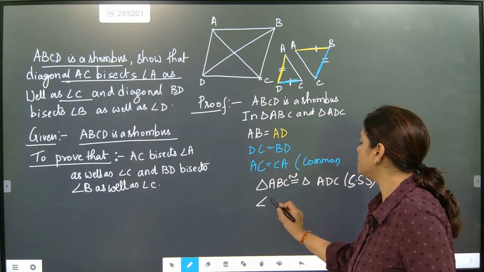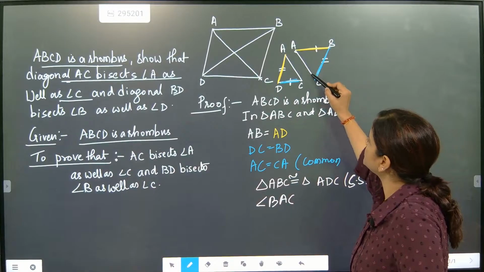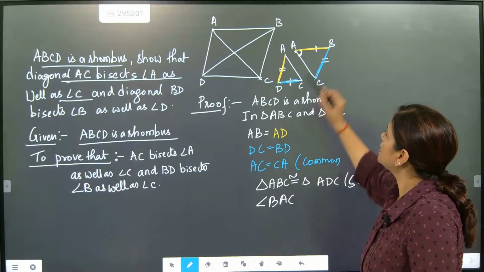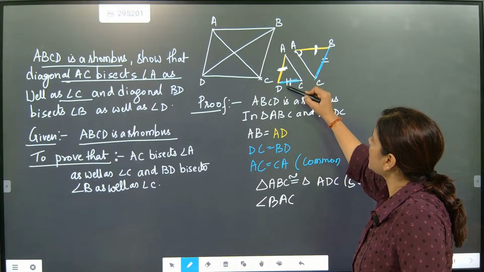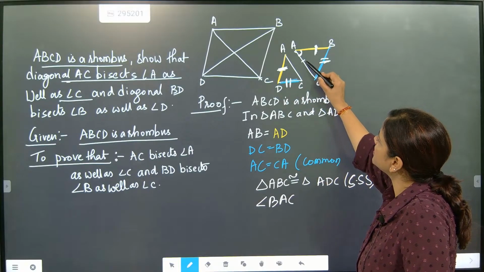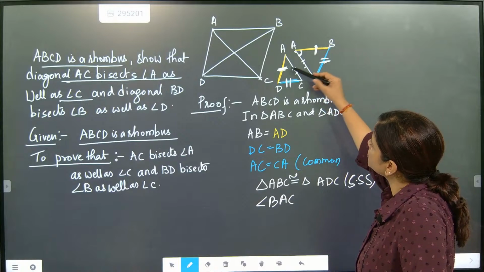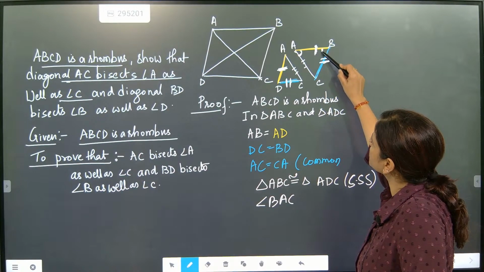The respective angle is angle BAC. Take this one out. Angle BAC, this angle. See, look here. This one is equal to this one, and this one equal to this one. Can you check 1, 2? The angle between 1, 2 is this one.